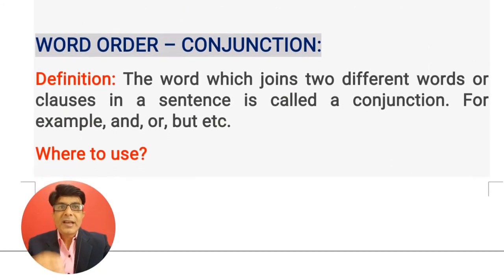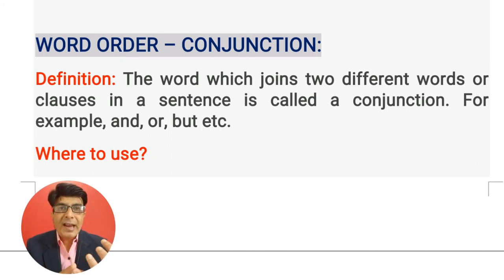Now the next one is conjunction. Conjunction means the words which join together. The words which join two different words or sometimes two different clauses in a sentence are known as conjunctions.